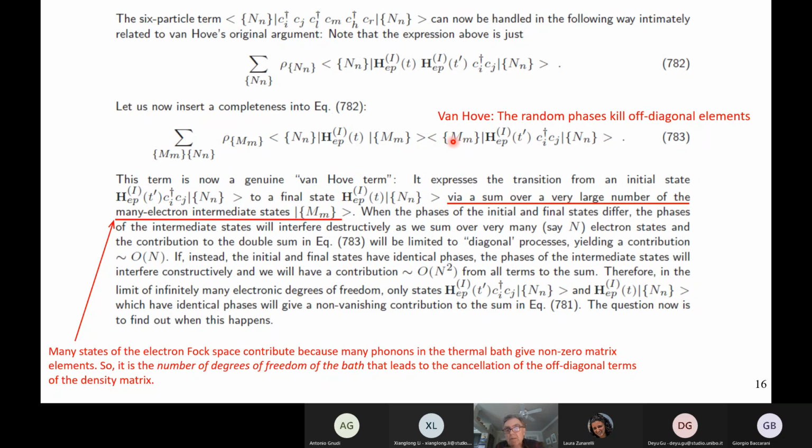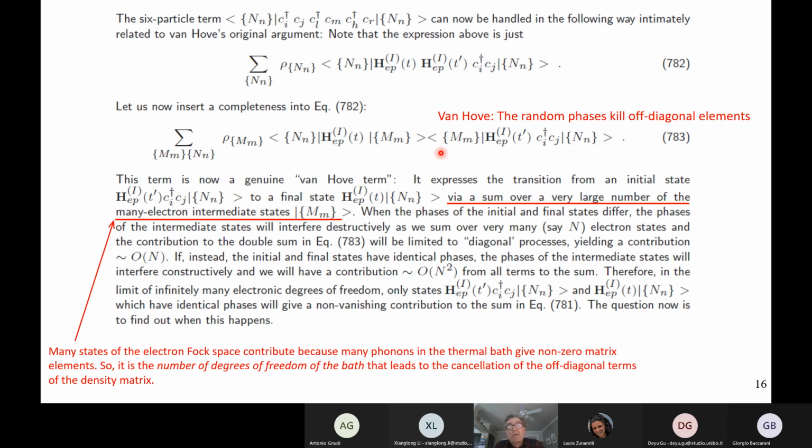I'll do it in a moment without going into too many details, but if you have many intermediate electron states, that happens when this involves many electrons, so put EE here rather than EP, it will be the same thing. If I have many electrons, then the same reasoning can be followed, and it's valid, because then lots of these virtual intermediate states contribute with non-zero matrix element.